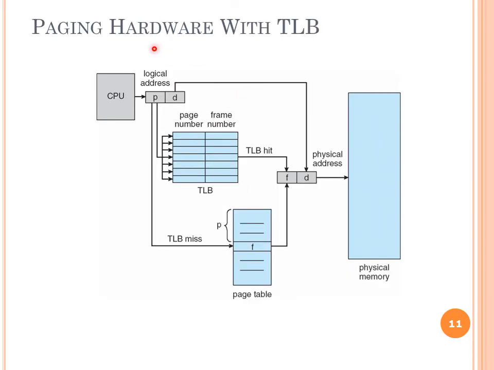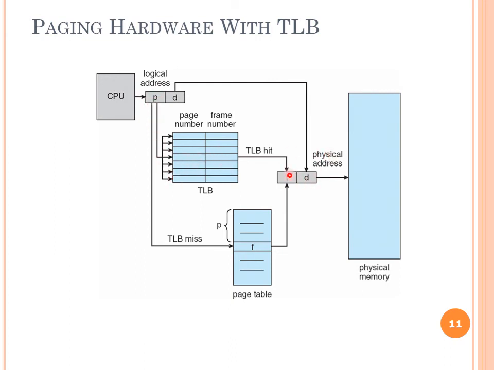This figure shows how the TLB can be used to convert the logical address into the physical address. Normally, the TLB will have the page number and the corresponding page frame number. So, the logical address is converted into the physical address by finding the frame number using this page number.